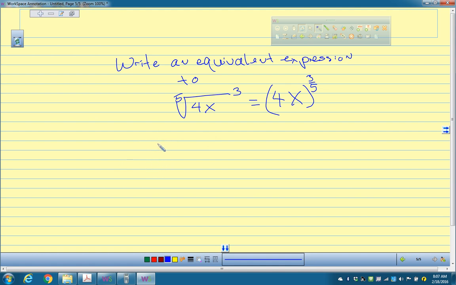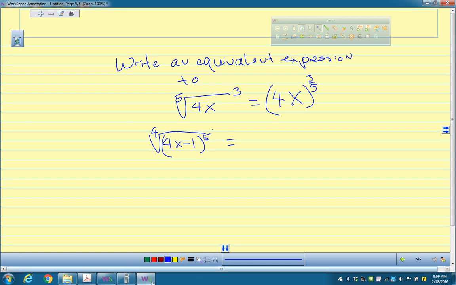This one isn't too much more horrible. Try this one: 4x minus 1 to the 5th, with the 4th root. Go ahead, try that.